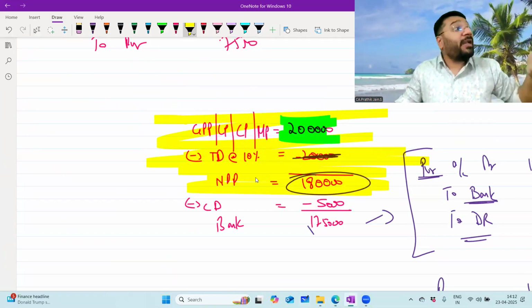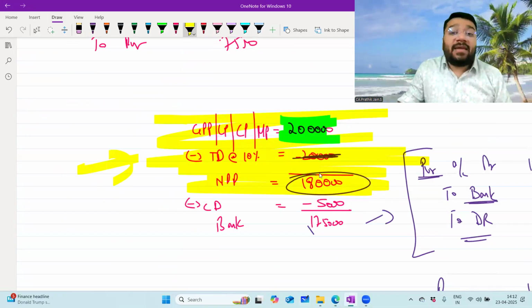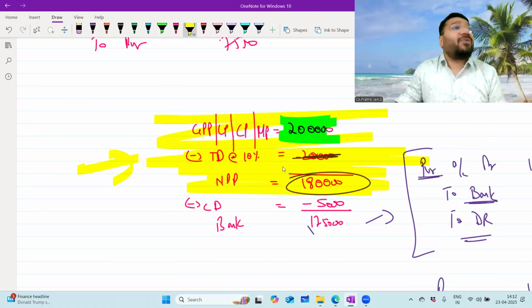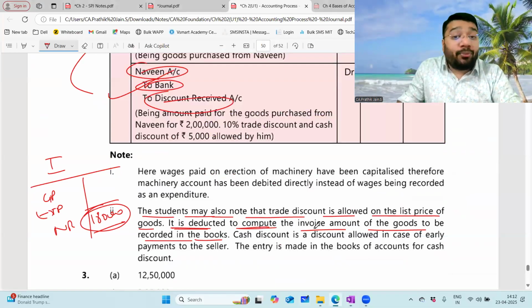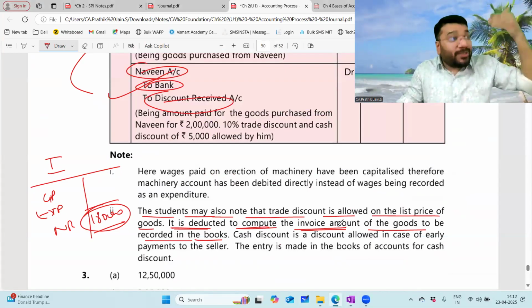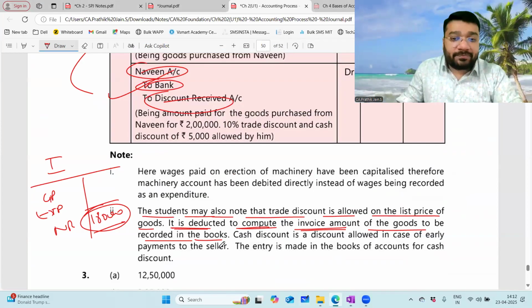You take any invoice where you're getting bulk purchase, they will show that this is the trade discount and always they'll give you the net value. And the net value is the actual purchase price for you. So that's why they're telling that it is deducted to compute the invoice amount. So in the invoice amount, we're showing this presentation: from the gross purchase price, I'm minusing the trade discount.